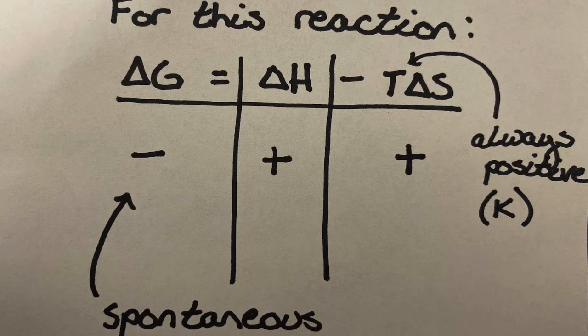Although this reaction is endothermic, as it requires heat from the surroundings to form the final products, it is still spontaneous. This is because the value for T delta S is greater than the value for delta H. In other words, the entropy increase is sufficient enough to overpower the enthalpy change. Also, just a quick side note, the value for T is always positive as it is in kelvins.